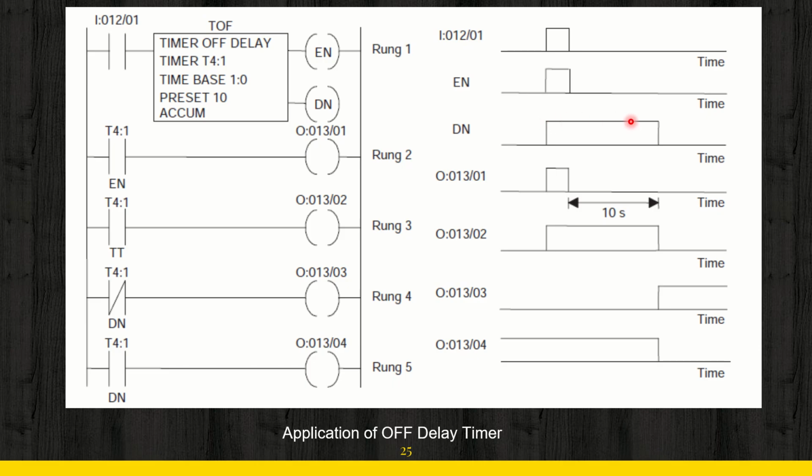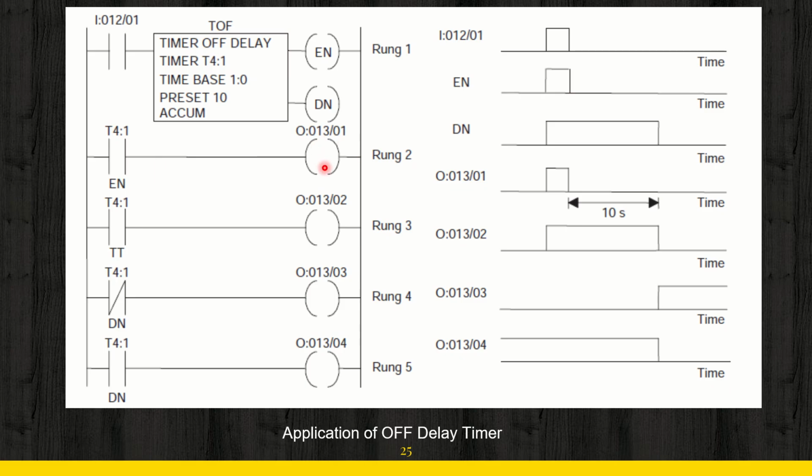Now it will retain its condition for this entire 10 seconds, for this entire 10 seconds after your signal is put off. You can see here at this point your signal is going from state 1 to state 0. So after your signal becomes 0, 10 seconds will be maintained at the done bit. Now you can see here the enable bit is connected to output 01301.